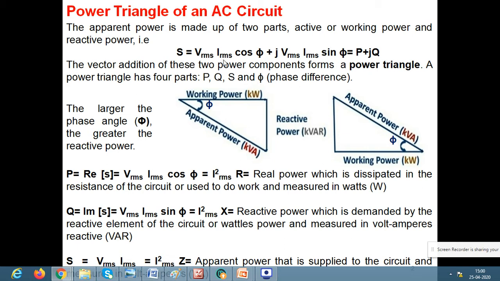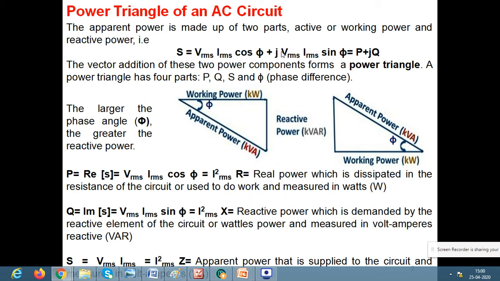From this you can see, if I take the real part of S, the apparent power, it becomes equal to I RMS squared R. This is the real power, which is dissipated in the resistance of the circuit, or used to do the work. This power is measured in watt, kilowatt or megawatt. So this is the real power.